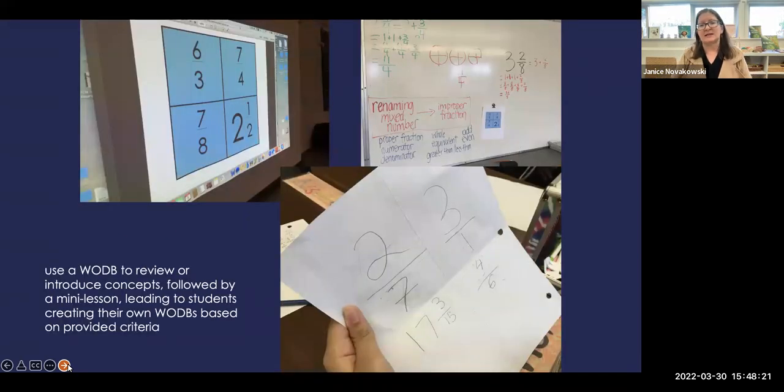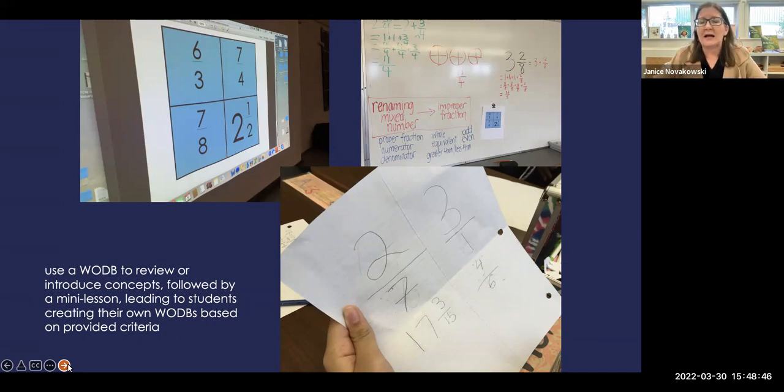And then this is in a grade 6-7 class over at KID, and we did a whole lesson around WODB. So they were looking at mixed numbers, improper fractions, comparing and ordering fractions in different ways, decomposing fractions. And so we began with a WODB, which you can see on the top left there. And I strategically chose different types of fractions for students to think about.